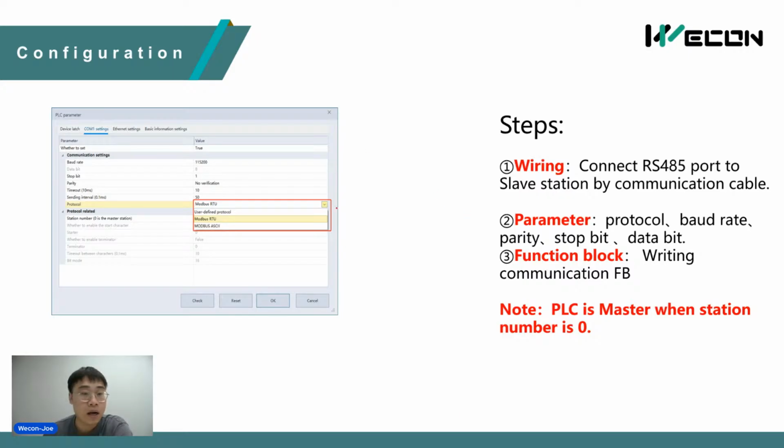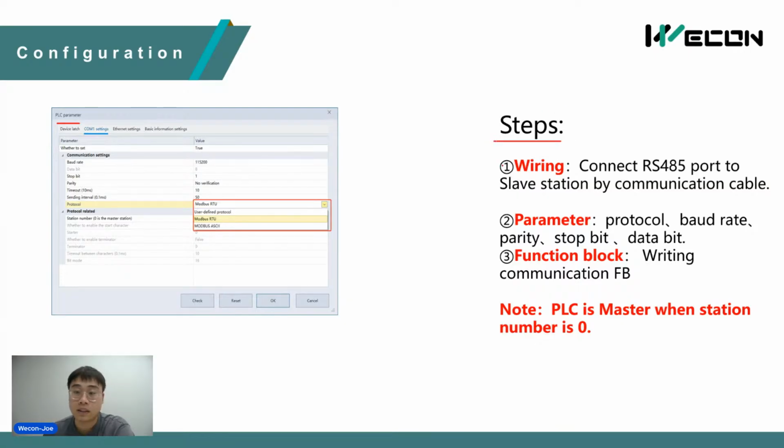In the PLC parameter setting screen, there are 3 protocols we can select: Modbus RTU, user-defined protocols, and Modbus ASCII. In the next part, I will use Modbus RTU as the communication example.